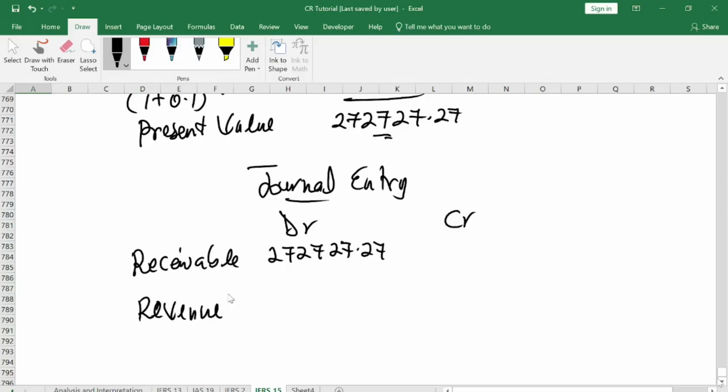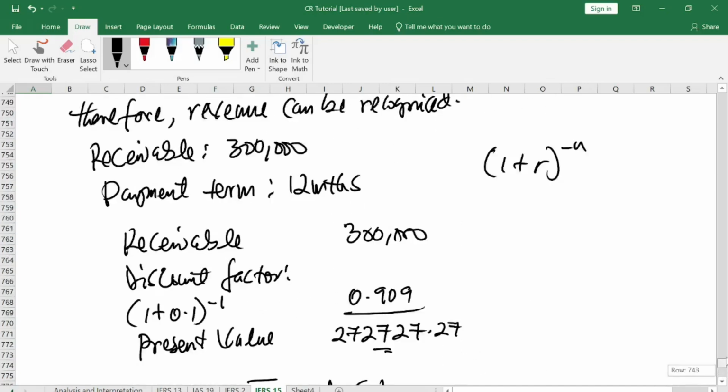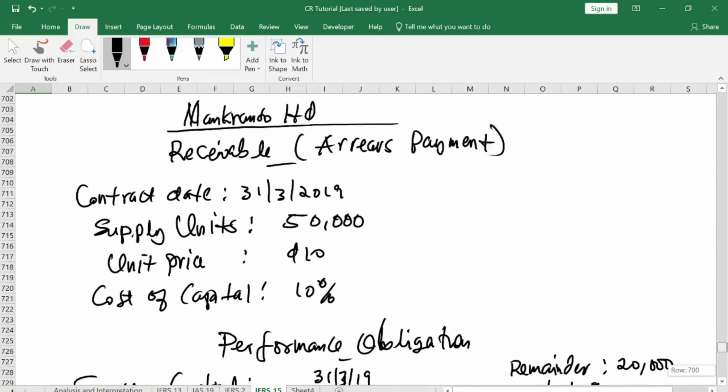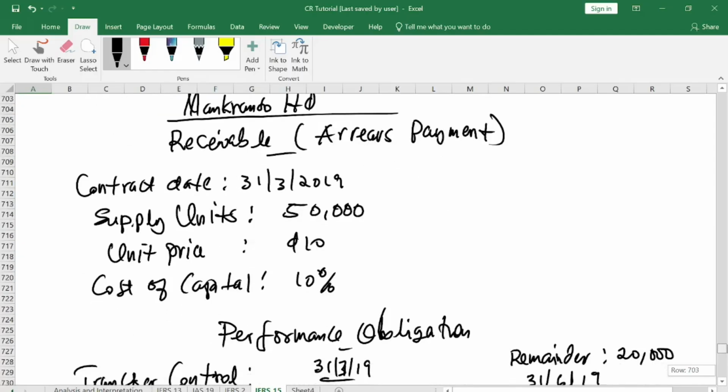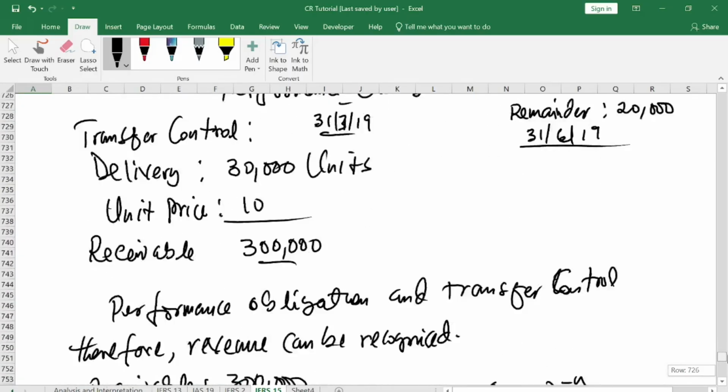So you can now recognize revenue, which is 2,727.27. So that is all about this question, which falls under receivable or arrears payments.